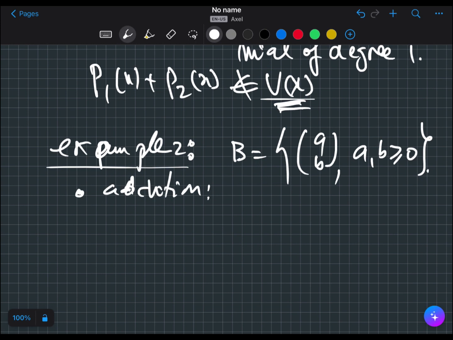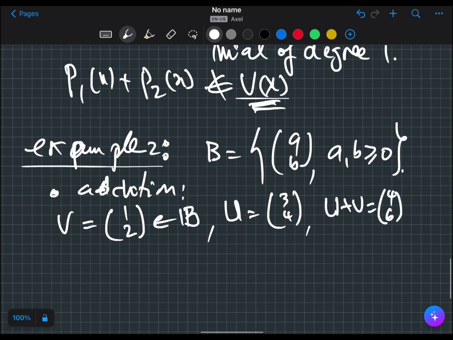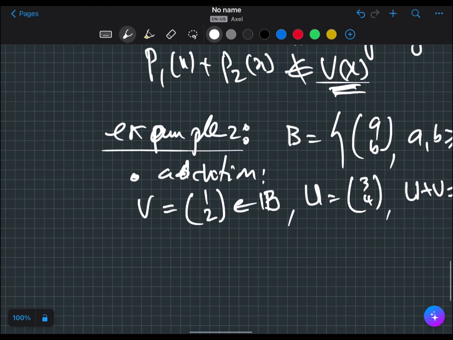Now, if I consider an example, I take V equal to 1, 2, which makes sense because a and b should be positive. So V belongs to B. And if I also take another U equal to 3, 4, I will see that U plus V gives me 4, 6, which belongs to B. So the addition is preserved.